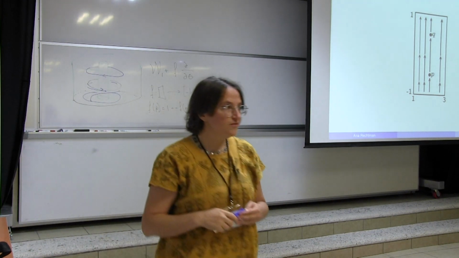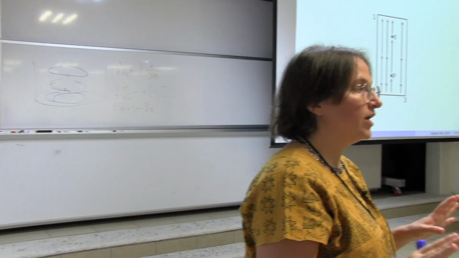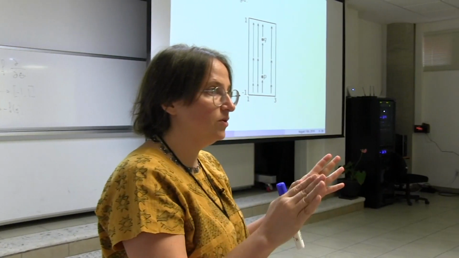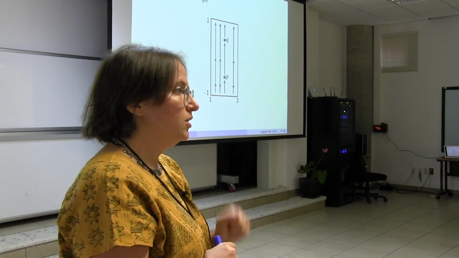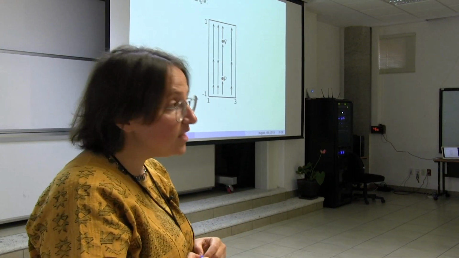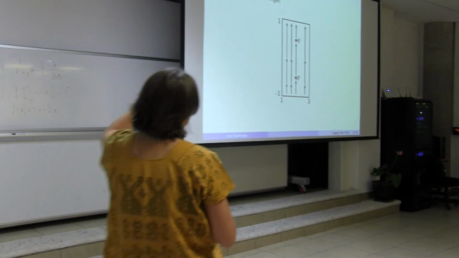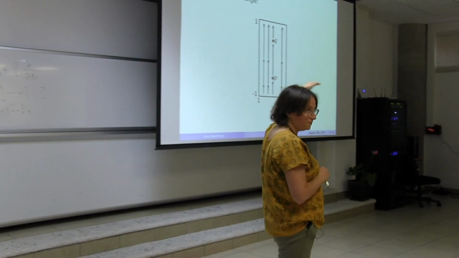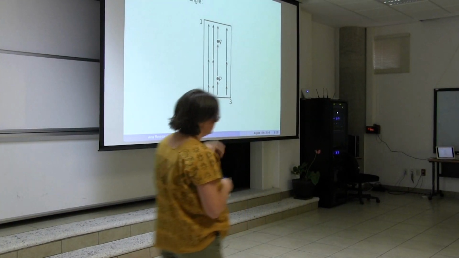And the last thing, so far what I asked of the function is to be 0 near the boundary, to be 1 at the first singularity, and to be -1 at the second singularity. The last thing that I will ask is for it to be antisymmetric with respect to this middle line. And why do I want that?